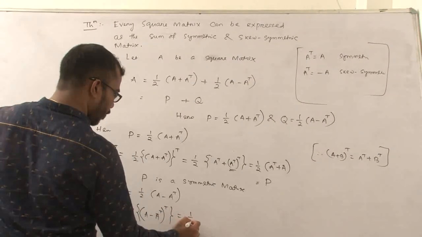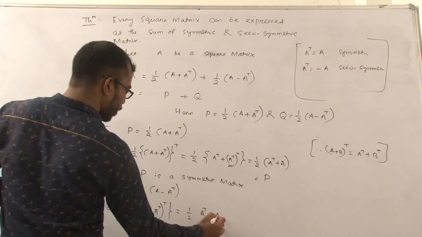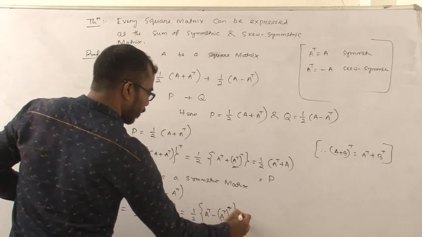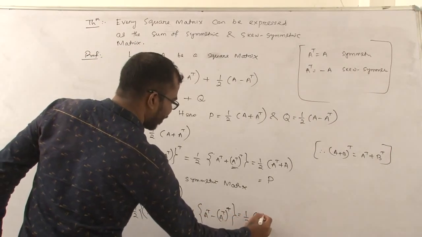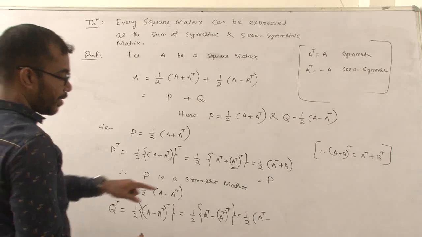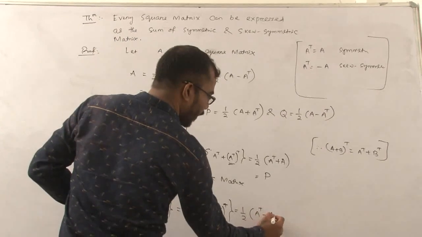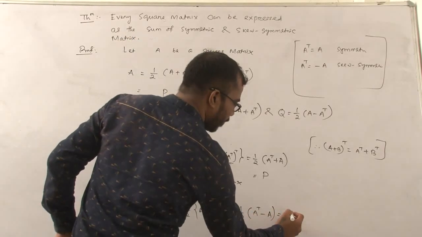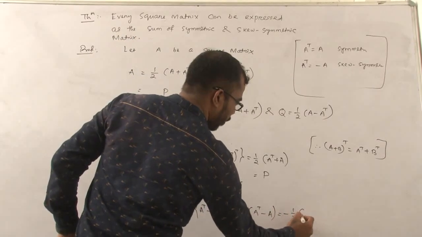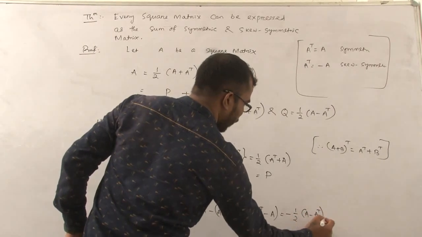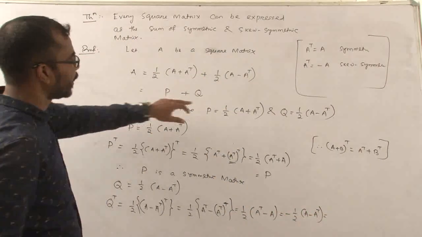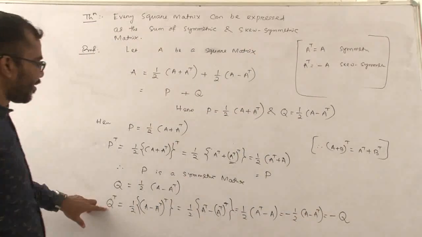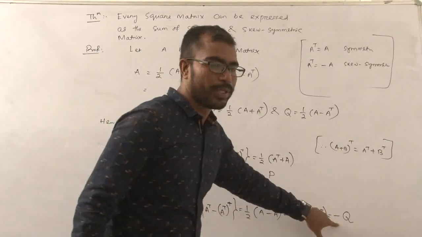Then we get half of transpose of A minus transpose of transpose of A, which is half of transpose of A minus A. If we take minus common, we get minus half of A minus transpose of A, and that value is equal to minus Q. So transpose of Q is equal to minus Q.